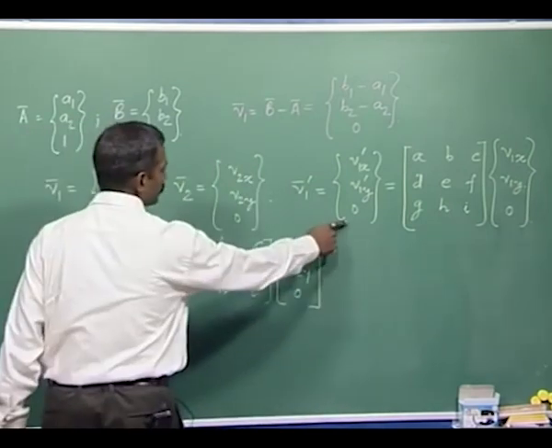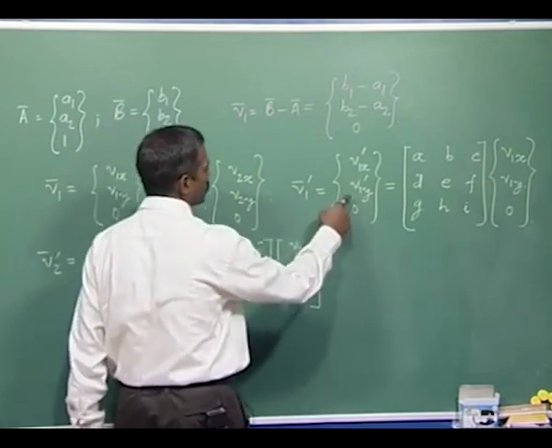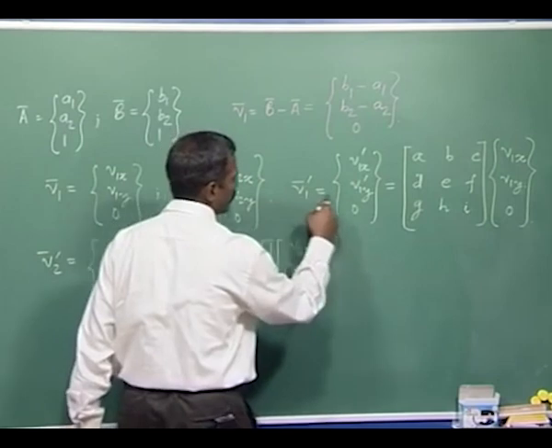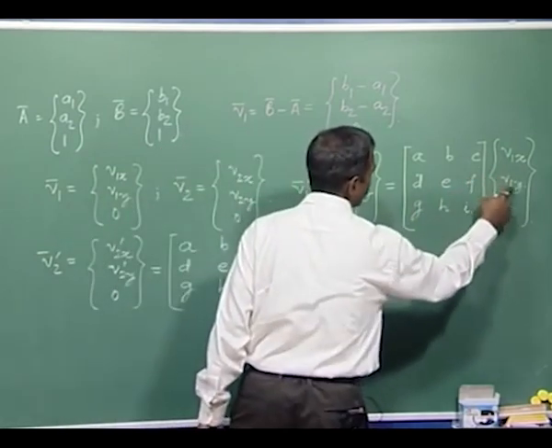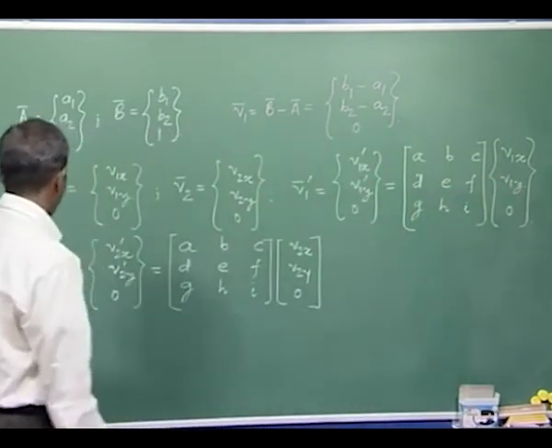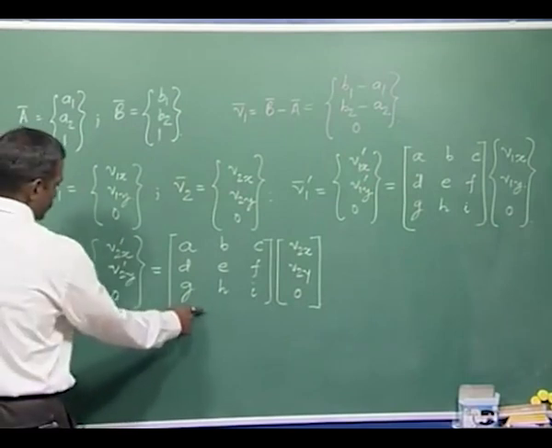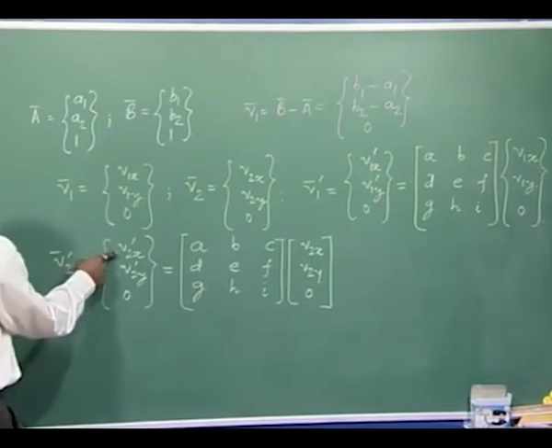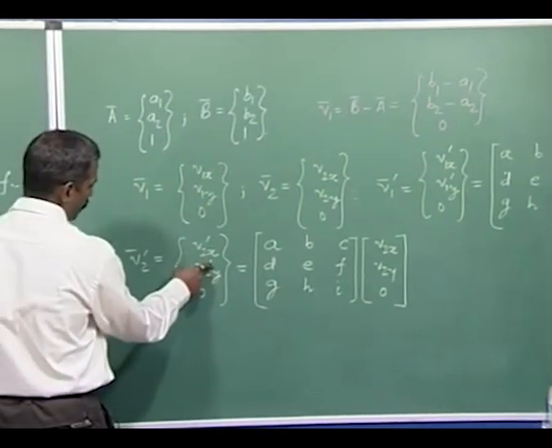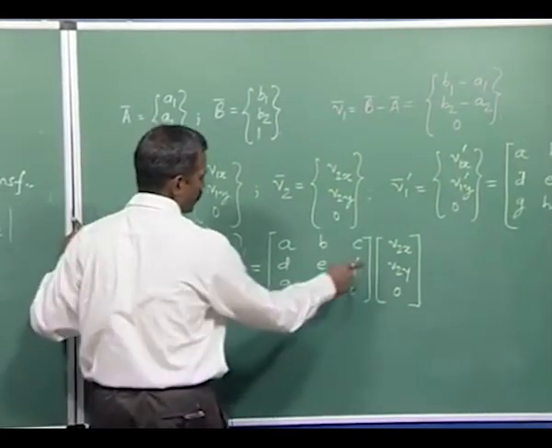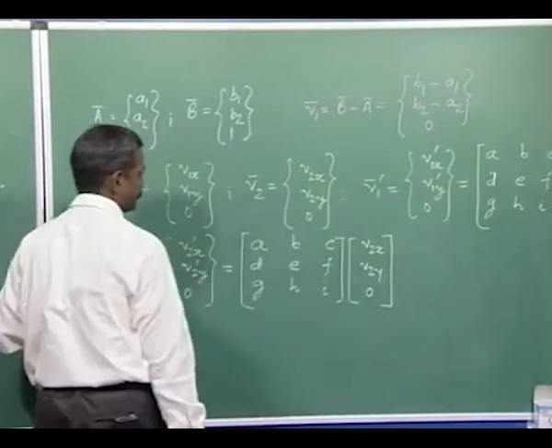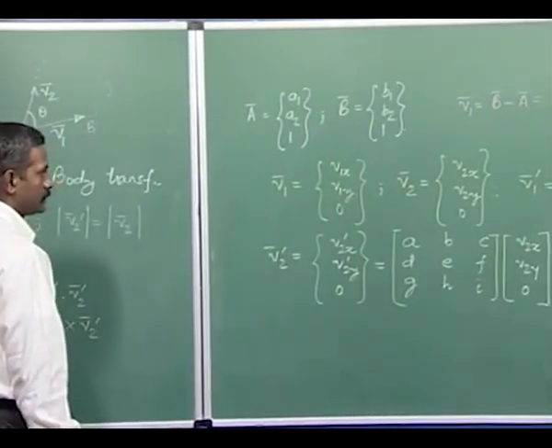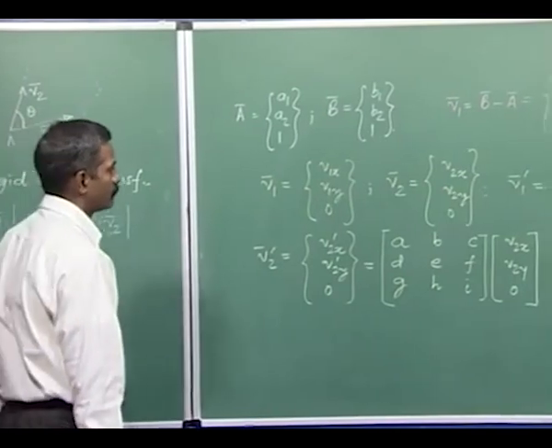Using this relation, one can get the components v1x prime, v1y prime, or v1 prime in terms of v1x and v1y. And using this transformation, one can get the components of v2 prime, which are v2x prime, v2y prime, in terms of v2x and v2y. I'll leave the algebra for you to work on.